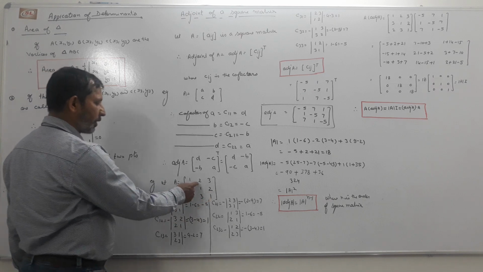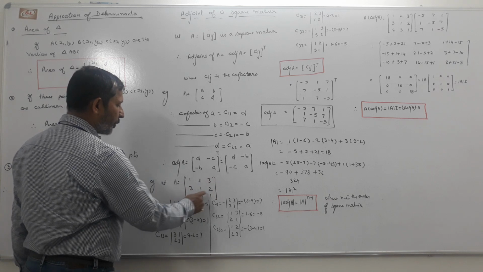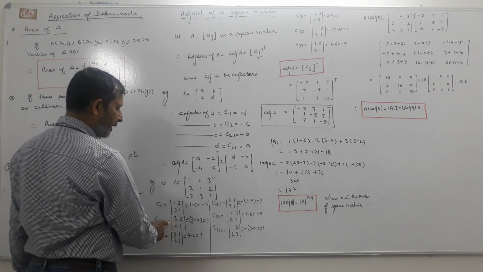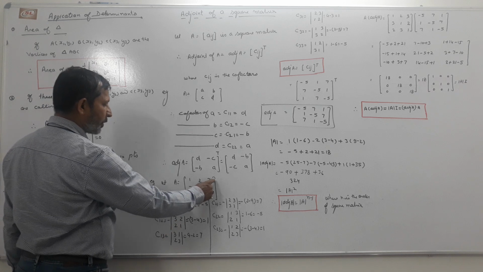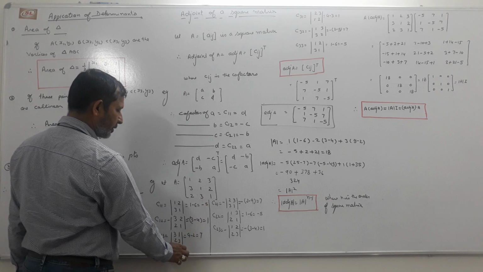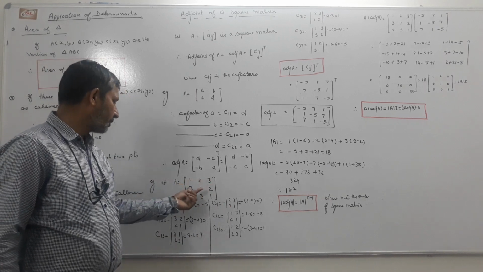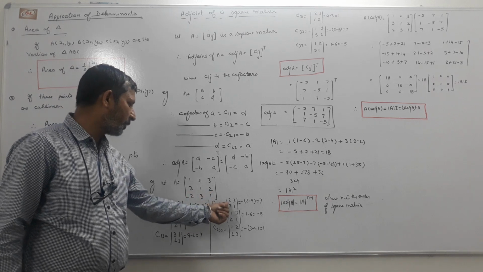Then cofactor of 2: we leave this column and this row, taking 3 2 and 2 1 with a negative sign. Cofactor of 3: 3 1 and 2 3. Then we find the cofactors, first of the first row, then of the second row.